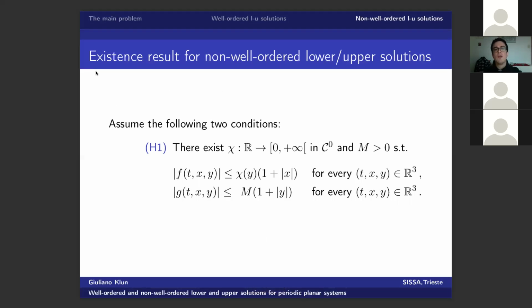And we have to assume that f and g are controlled, more precisely bounded, by two functions: f has to be bounded by a positive function k times 1 plus the absolute value of x, and g has to be bounded by m times 1 plus the absolute value of y, and this uniformly on all the domain.